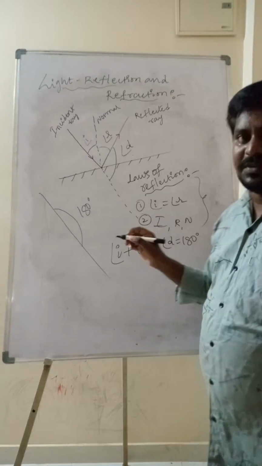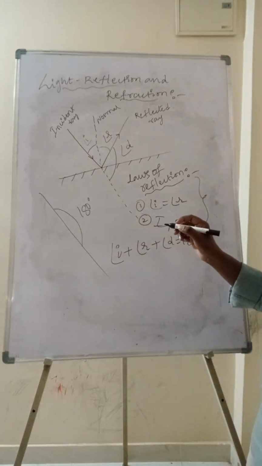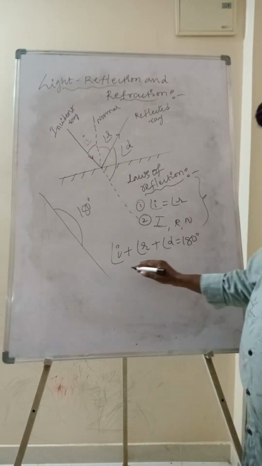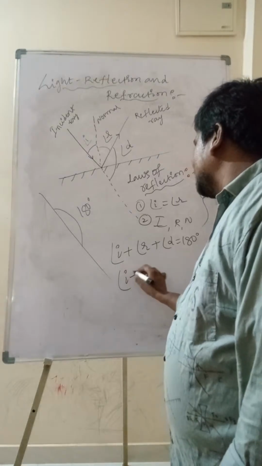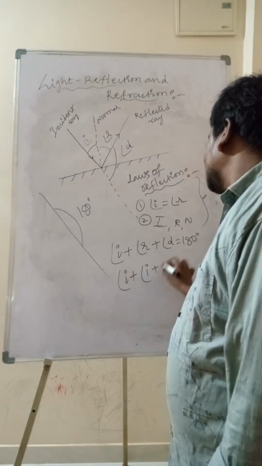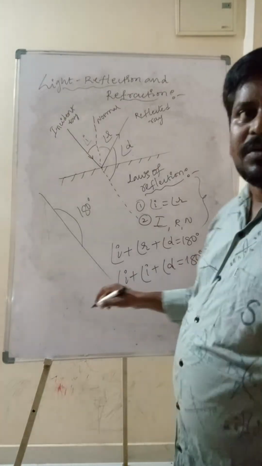From the laws of reflection, angle of incidence equals angle of reflection, so we can write 2 times the angle of incidence plus the angle of deviation equals 180 degrees.